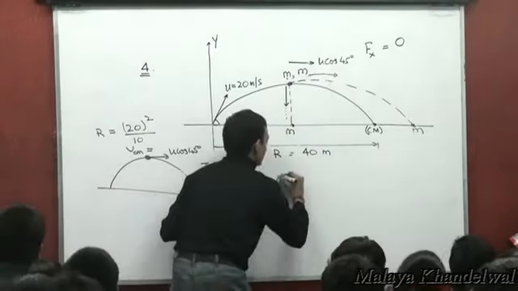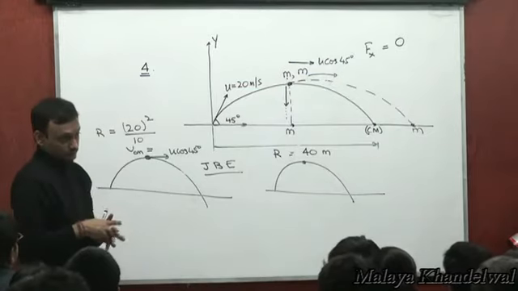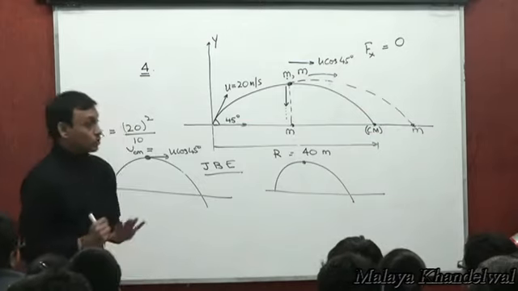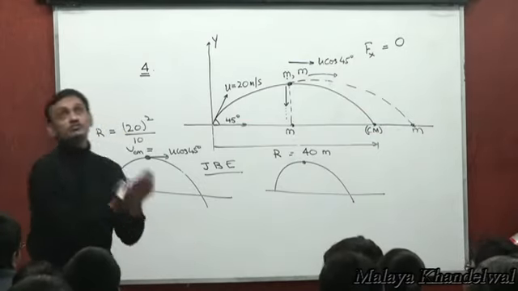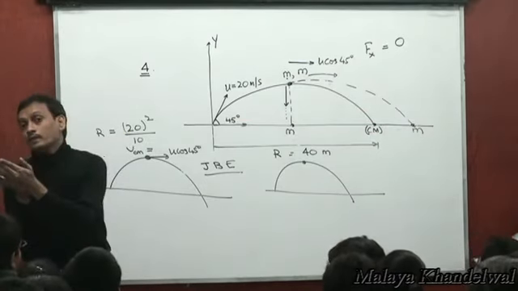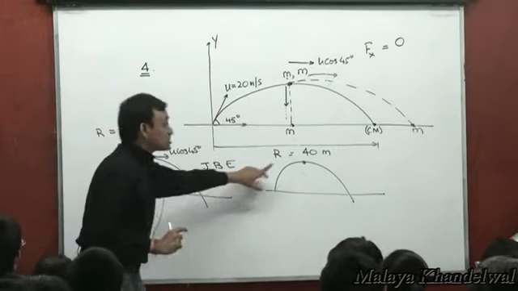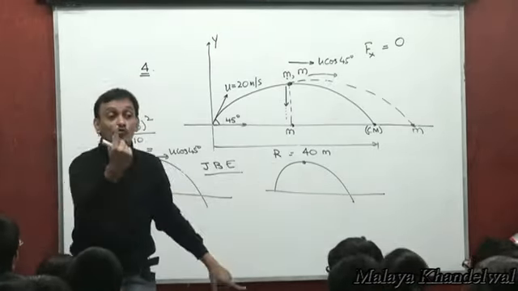The explosion took place, and in the horizontal direction, there was no net force acting on the system. Was there any net force acting on the system in the horizontal direction? That means, was there any horizontal acceleration on the system? There was no horizontal acceleration on the system. That means, if there was no horizontal acceleration, then just after explosion, why would the horizontal velocity of the center of mass be any different from the horizontal velocity before explosion?